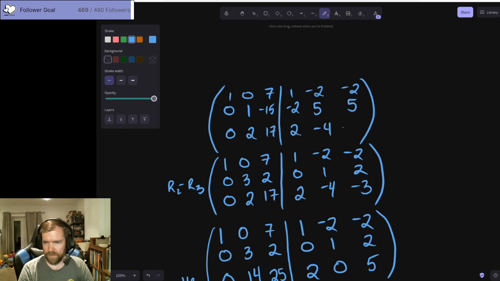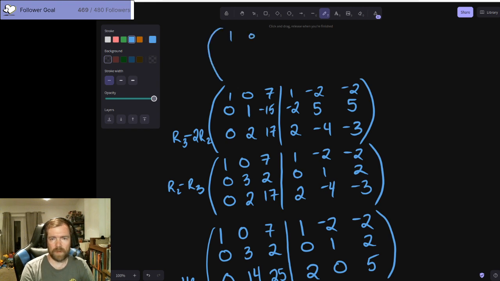2, 4, -3. Cool. So now we could take row 3 and subtract to row 2. 107. Augment 1, -2, -2. 0, 1, -15. -2, 5, 5. 0, 0.